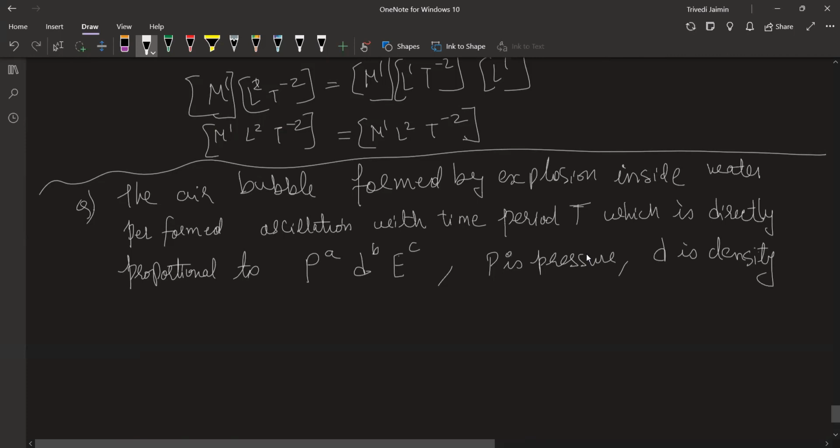Here they gave D. And E they gave as energy due to explosion. Find the values of A, B, C.